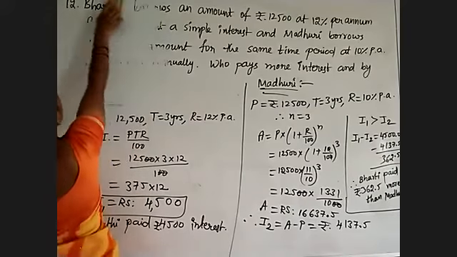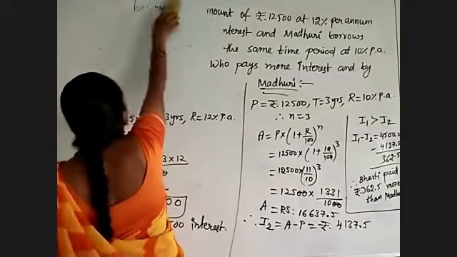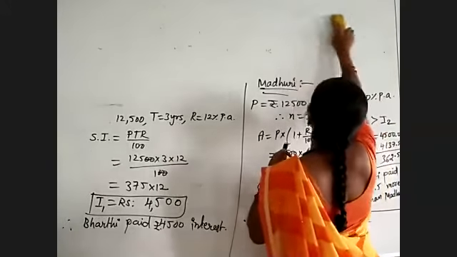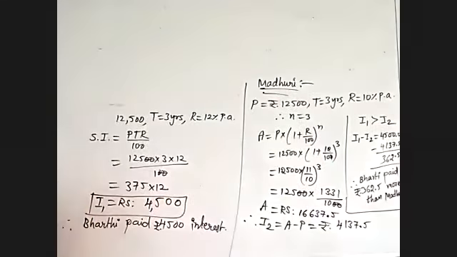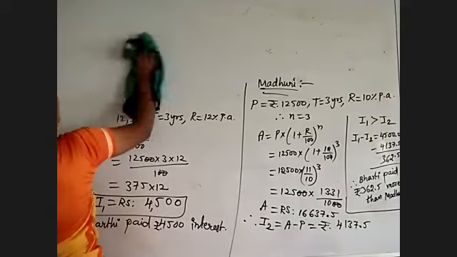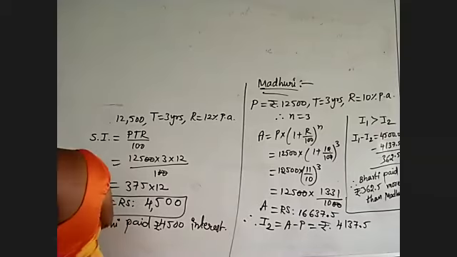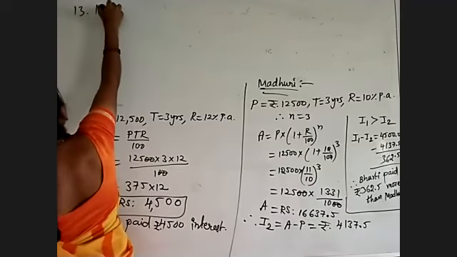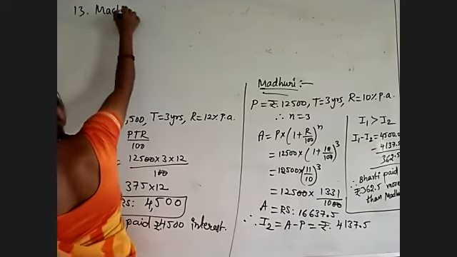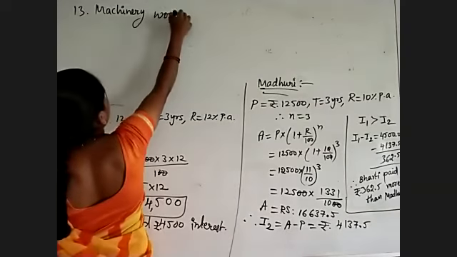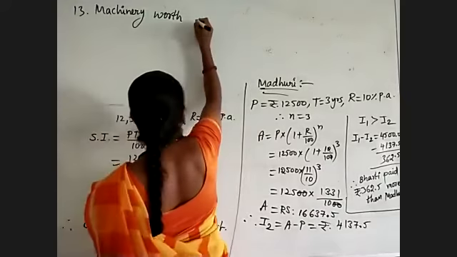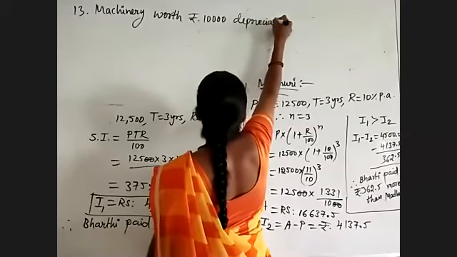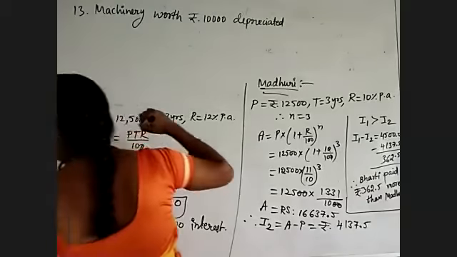Now coming to the next question. Machinery worth 10,000 rupees depreciated by 5%.